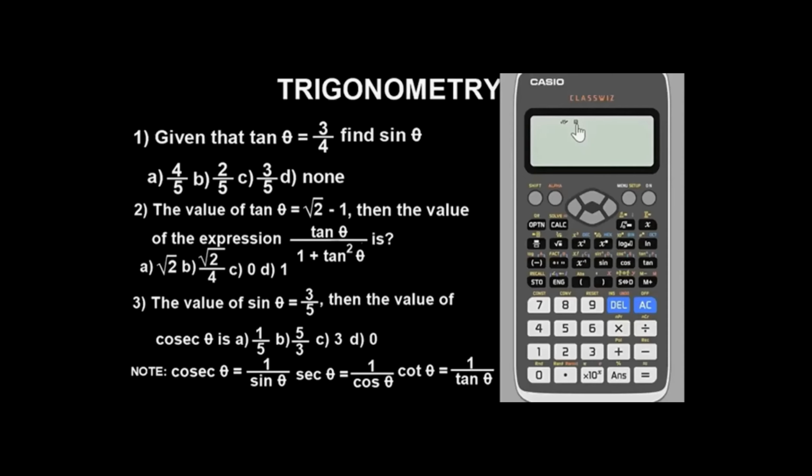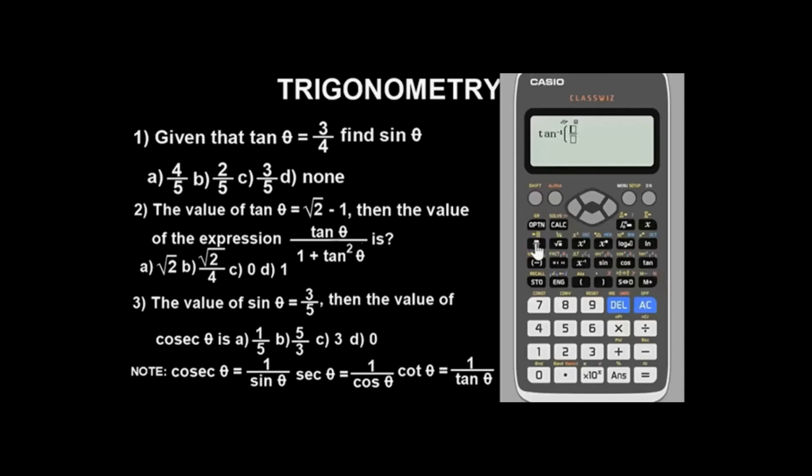Question 1 says, given that tan theta equals this, find sin theta. Okay guys, to solve this question, very simple. For this value of tan theta, what you're going to do first is store the inverse of this value as x in the calculator. To do it, you press shift tan, then inverse of tan.